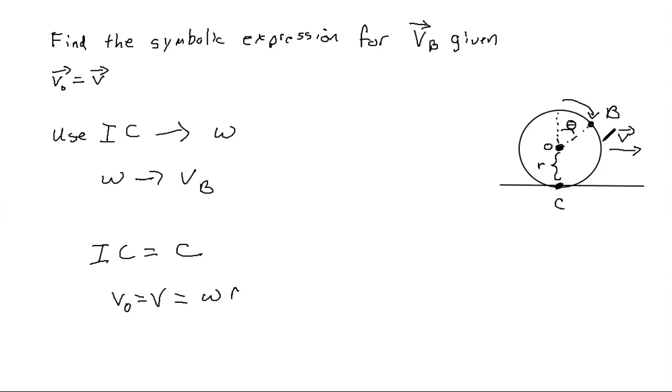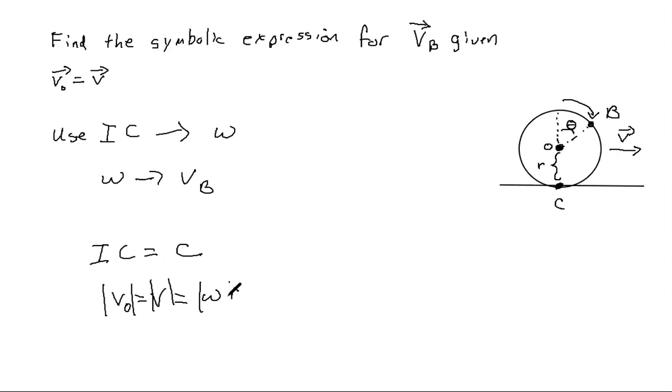Now we have to worry a little bit about minus signs here. The velocity would be positive, which means that omega will come out negative when we work it all out. So this is the formula for the magnitudes.